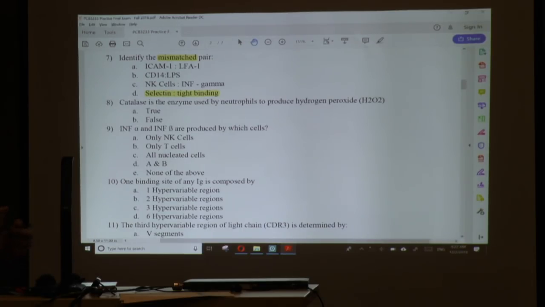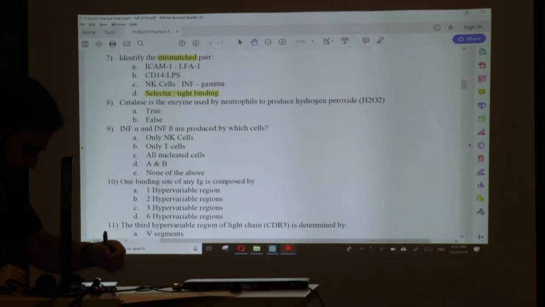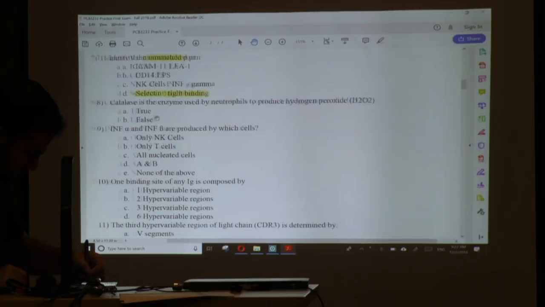They'll destroy whatever cell they're nearby. That's why if you ever have a cut in your hand and all you have is hydrogen peroxide and you squirt it on it, don't do this because it burns, you're going to have little foam forming. That's the catalase from the neutrophils working, basically breaking down the hydrogen peroxide. All right, so this 8 is false.